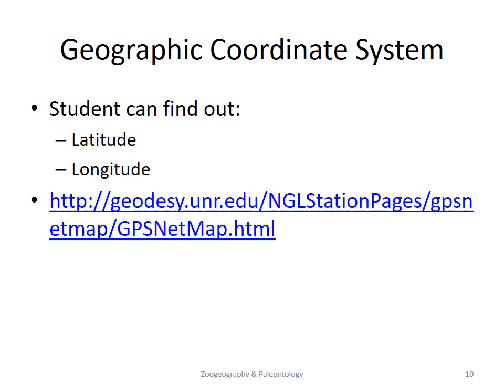Using this link, students can find out the latitude and longitude of a specific place. As our main aim is to identify various zoogeographic regions in the world, this given link will be used to find out the geographic coordinates of different zoogeographic regions.